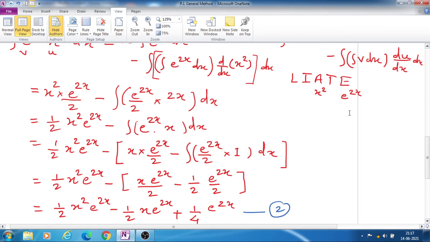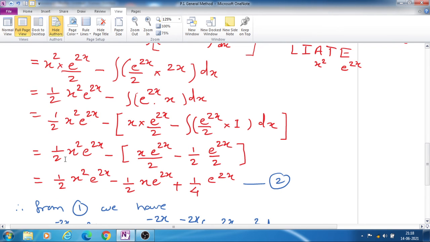Again we use the above formula u into v. Here again u is equal to x, v is equal to e raised to 2x. Therefore u means x into the integral of e raised to 2x, which is e raised to 2x upon 2, minus integration, again integral v dx means e raised to 2x upon 2 into the derivative of u, which is x, and the derivative of x is 1.